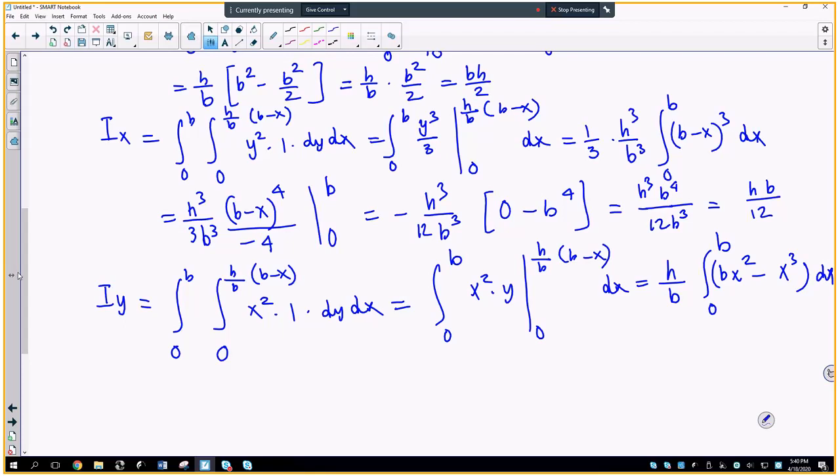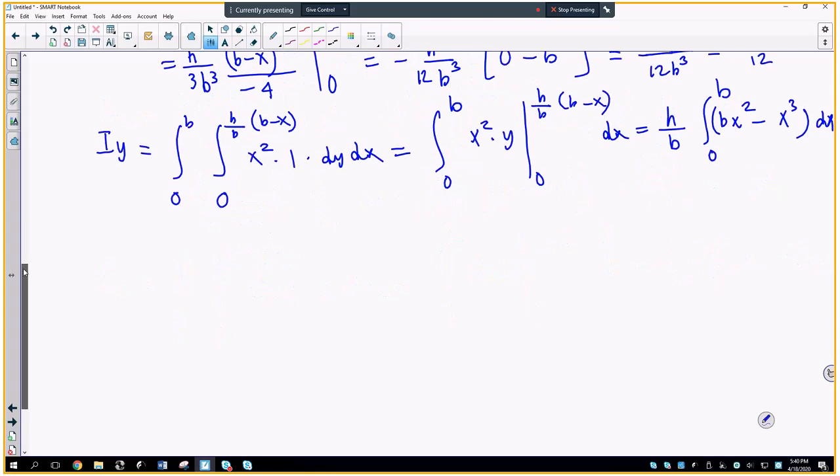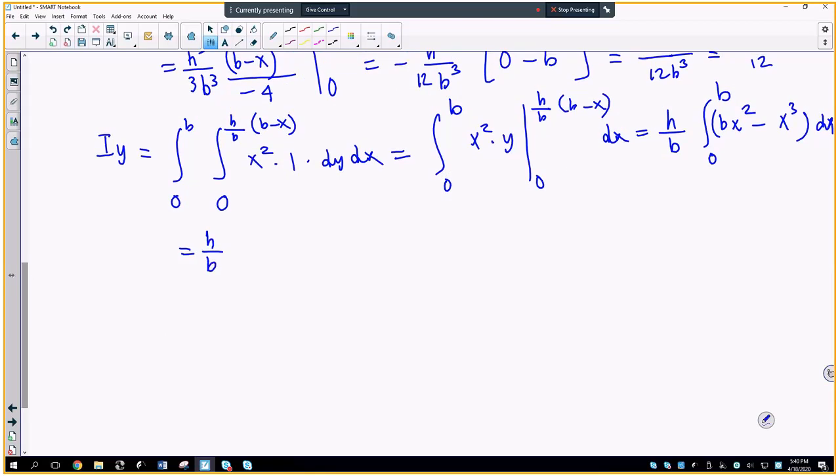And then we're going to simplify this antiderivative. So h over b times, let's do the antiderivative of bx squared. You get bx to the power 3 over 3 minus x to the power 4 over 4. And you have the limits of 0 to b.